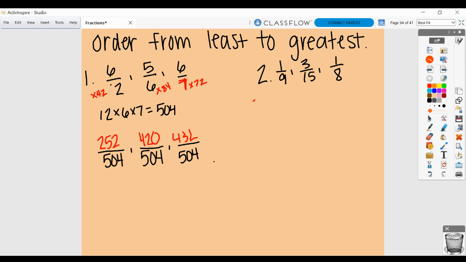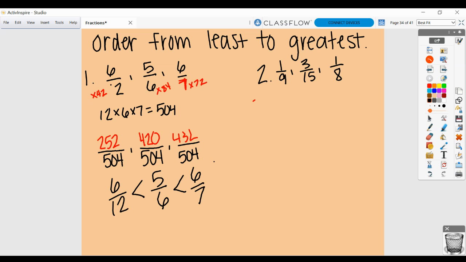So all we have to do is rewrite the original numbers that correspond with these fractions. So 6/12 is less than 5/6, which is less than 6/7. And that's how you order those from least to greatest.